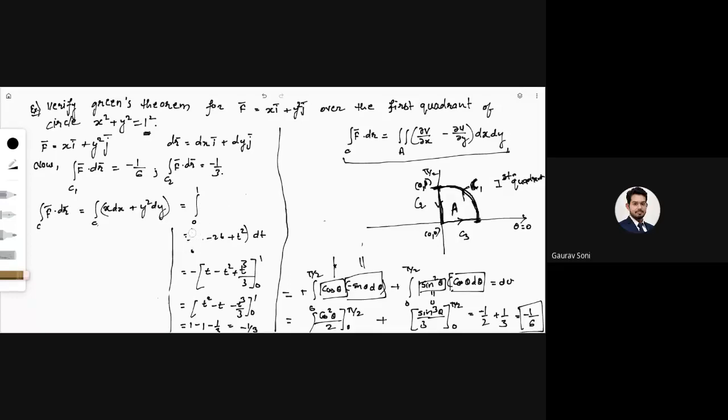Let me make all the changes here. So C3 is the line joining the point 0, 0 and the point 1, 0, right? So the substitution we need to make here is the integral over C3.